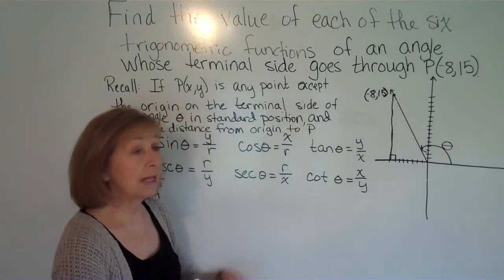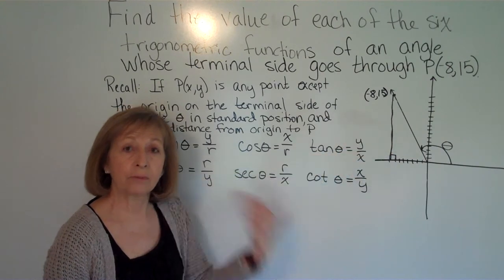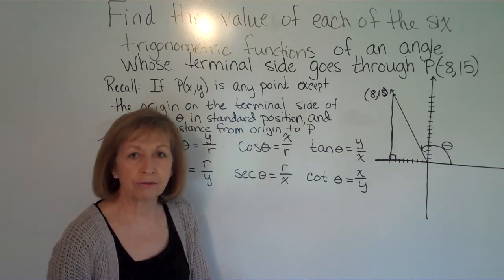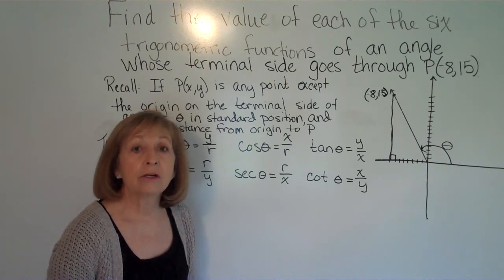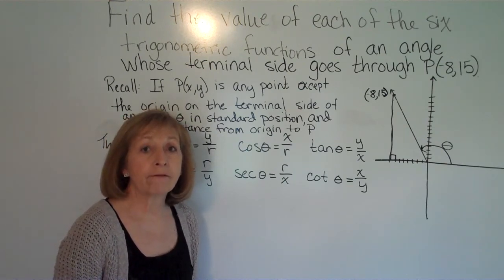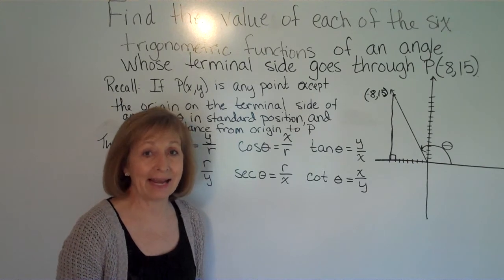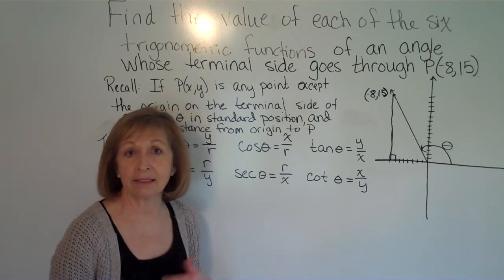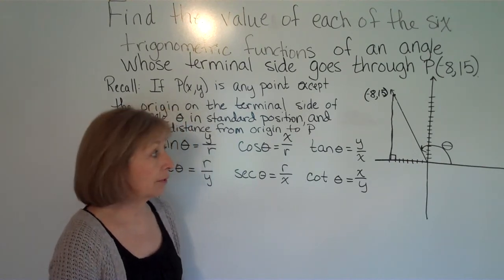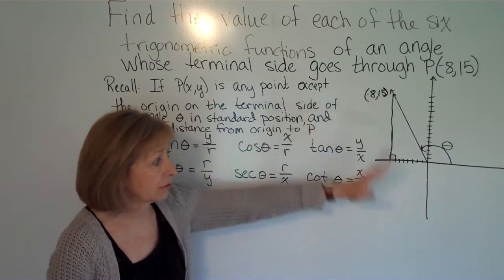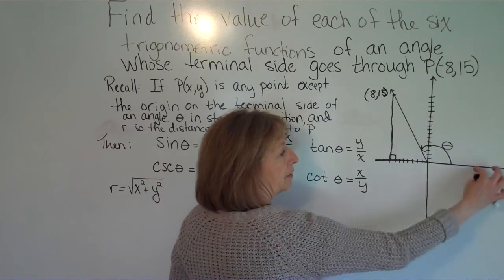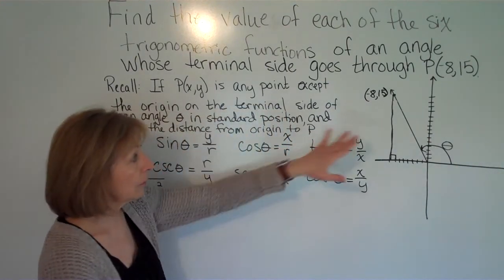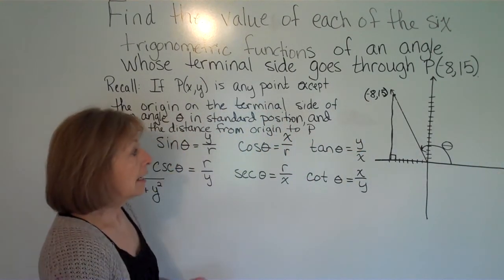If you're going to do that, making your right triangle to help you remember your trig ratios within the right angles in a right triangle, remember you always draw from the point to the x-axis. You never go to the y-axis. It won't give you the right values. You always have to draw from the point to the x-axis, no matter what quadrant it lands in. Okay, so that's our triangle.